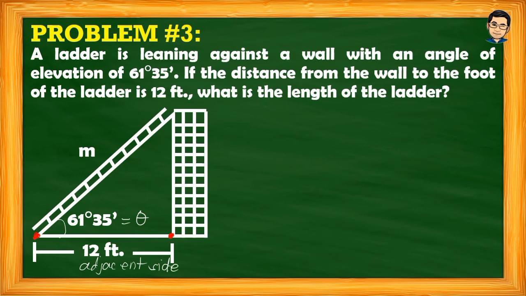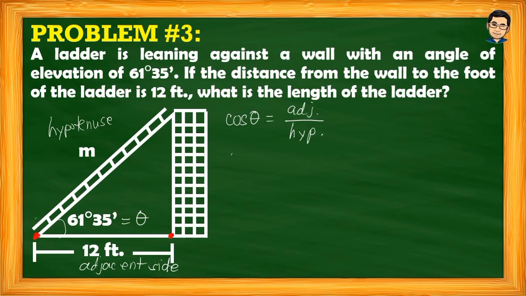So, ang meron dito yung adjacent side tsaka yung hypotenuse denoted by M. Yung M ang hinahanap natin, kung gaano kahaba yung ladder. So, kung given yung hypotenuse tsaka adjacent side, ang gagamitin nating function is cosine. So, that is cosine theta is equal to adjacent over hypotenuse.